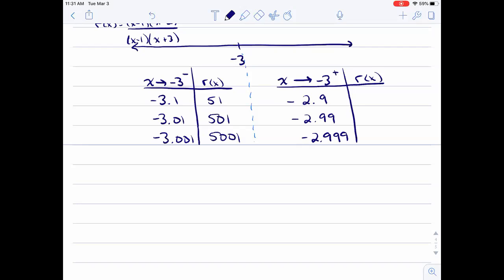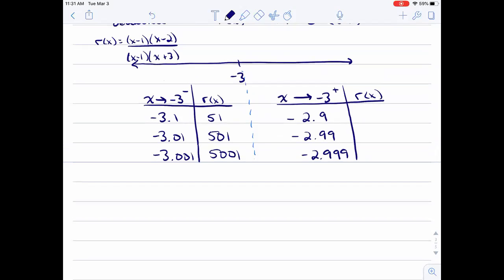Once we do one, we can figure out if it's positive or negative. That's where the sign test comes in, because it'll tell you how it behaves around that number. But negative 2.9 minus 1 times negative 2.9 minus 2, divided by bracket, bracket, negative 2.9 minus 1 times negative 2.9 plus 3, bracket, bracket.